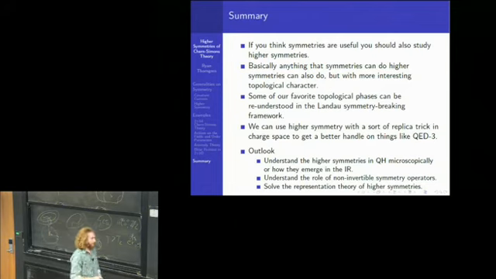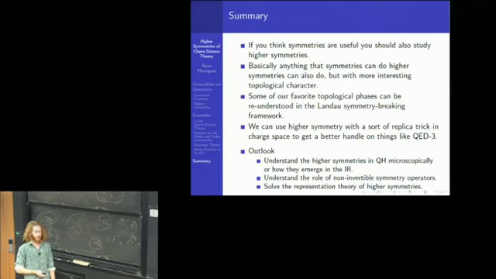So they still make operators that commute with the Hamiltonian, but they're not unitary. So it's kind of strange. And then, of course, solve the representation theory of 2-groups, solve the representation theory for higher symmetries. And then we'll know when we have a higher symmetry, what are all the quantum numbers that we get to help understand our problem. Okay, thank you very much.